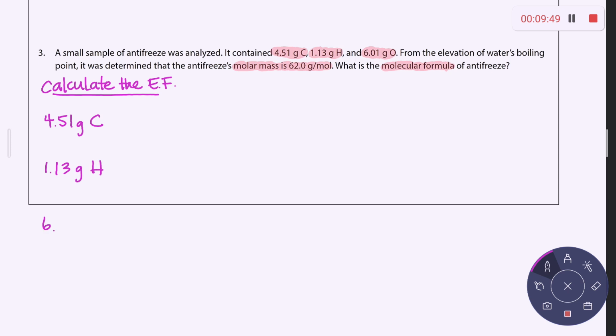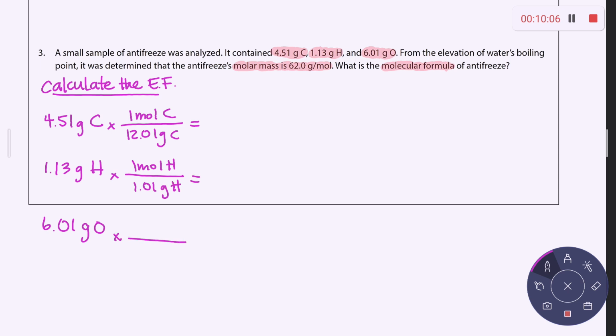Moles. Okay, so what is the molar mass of carbon? 12.01. What's the molar mass of hydrogen? 1.01. And then what's the molar mass of oxygen? 16. Okay. Do I round off to the proper number of sig figs here?